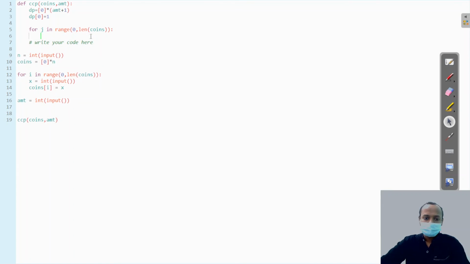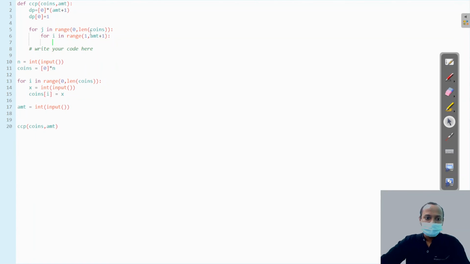Now we have to iterate on our amount. So for i in range from 1 to amount plus 1.